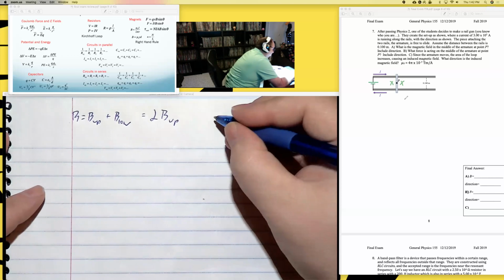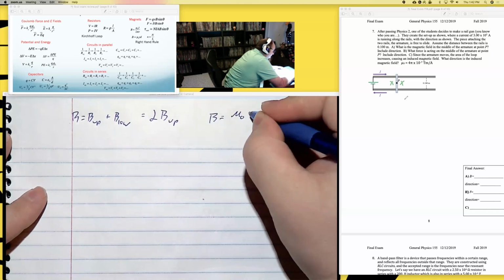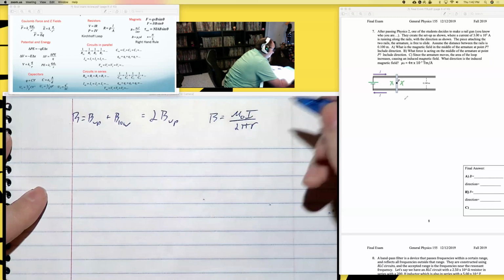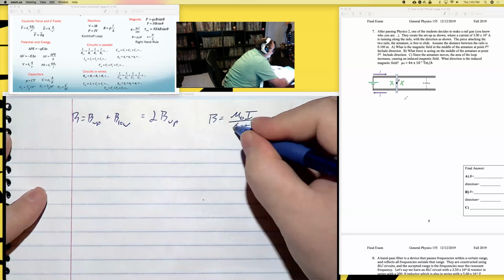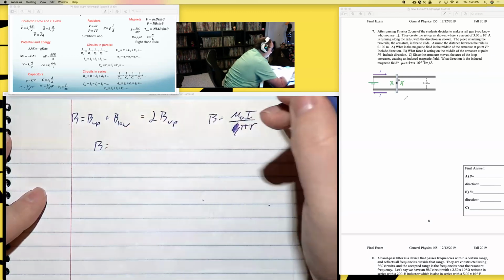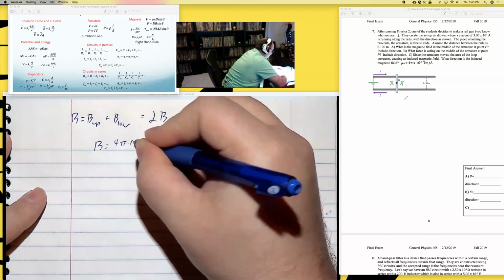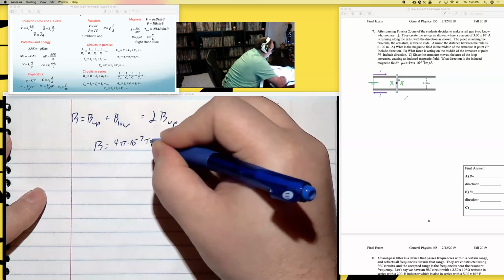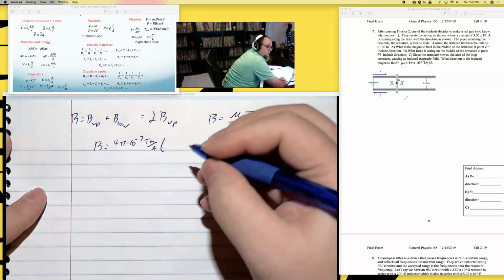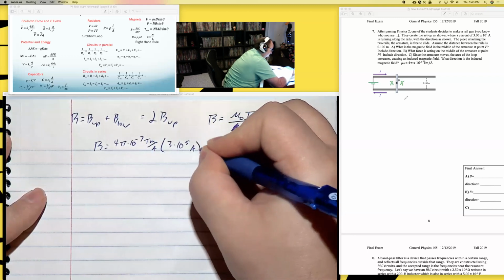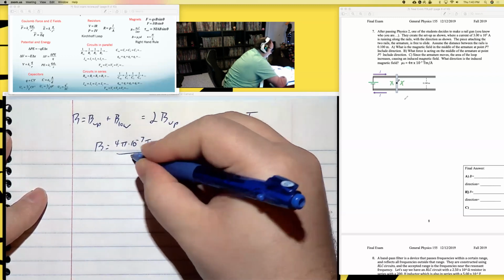Now, magnetic field from a current carrying wire is mu naught I over 2 pi r. But in this case, we're going to multiply by 2, so I'm just going to kind of kill that 2. And say the magnetic field is into the page and is 4 pi times 10 to the negative 7, I forget the units of that, Tesla meter per amp, times the current, 3 times 10 to the 5th amps, over pi times r.